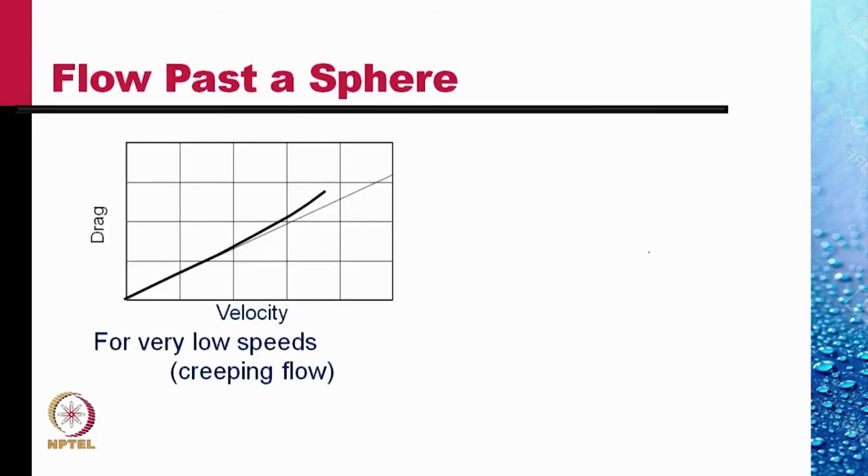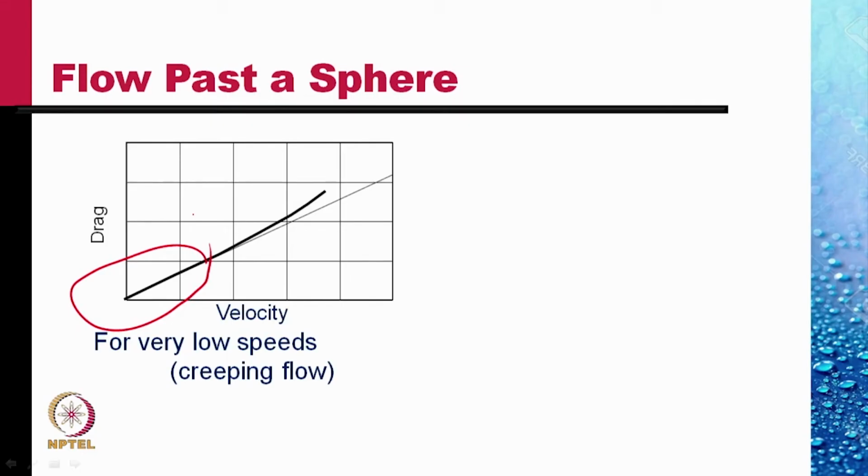In this picture, we have plotted velocity versus drag starting from very low velocities. At very low velocities, so low that the Reynolds number is less than 1, we see that the drag is linearly proportional to velocity.